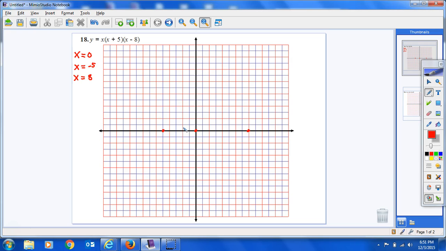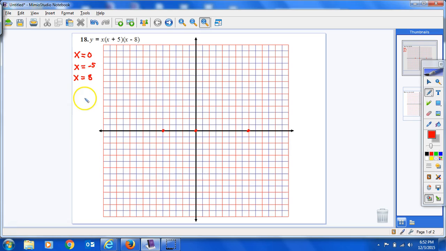I'm just going to get my calculator ready. And if you wanted to, you could go ahead and multiply this out and get it in standard form, and you could use that form if you wish. It really doesn't matter.